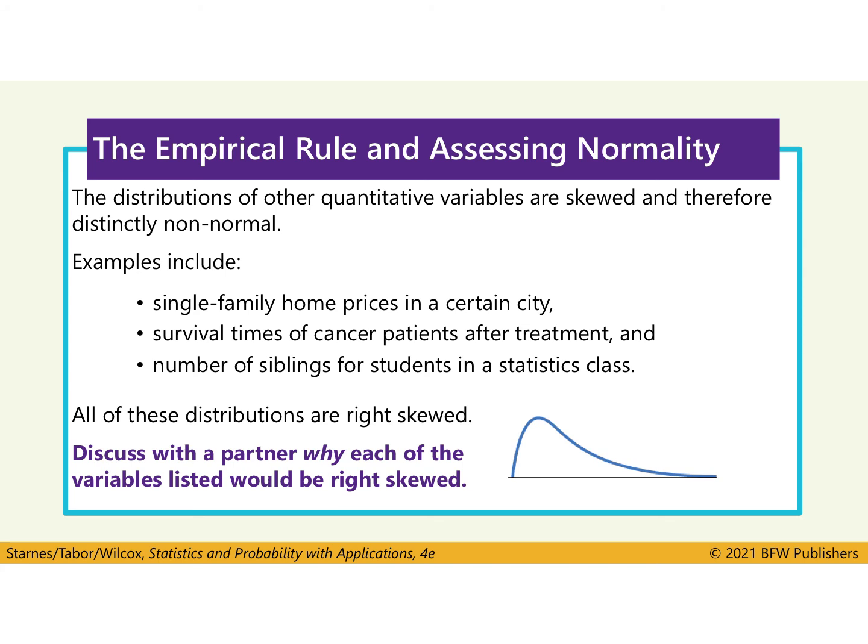Survival times of cancer patients after treatment: you have the data clustered around a lower number and then the rest is skewed to the right the longer they survive. Number of siblings of students in the stats class is also skewed right. It's not that common to have 10 siblings. It's more common to have 1, 2, or 3, and that's normally where you find the bulk of the data, but you also have those outliers.